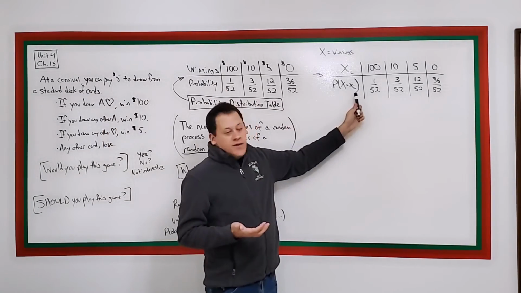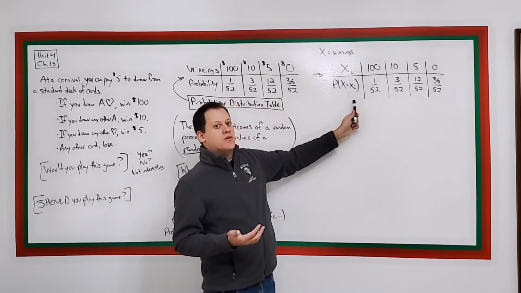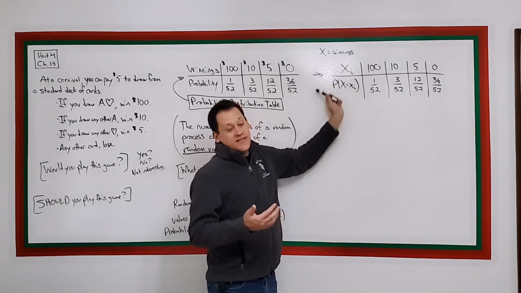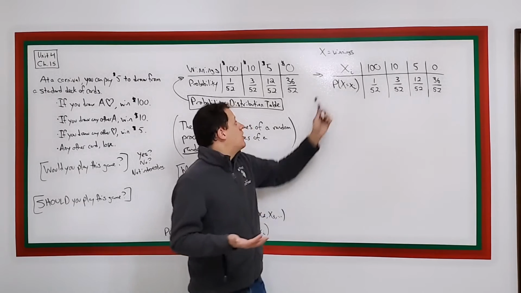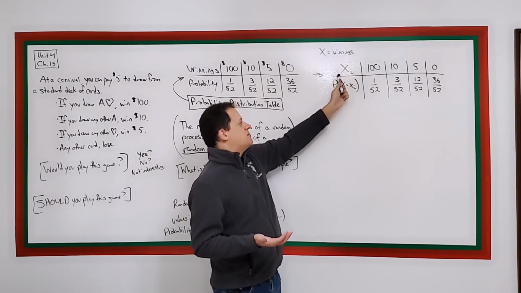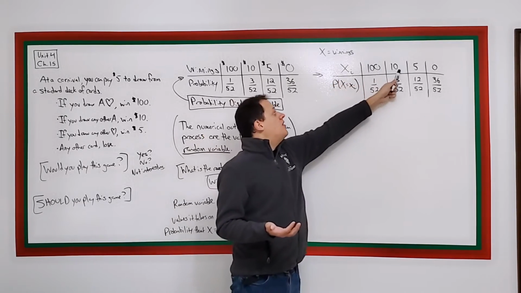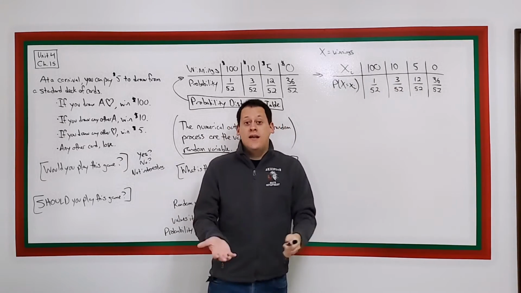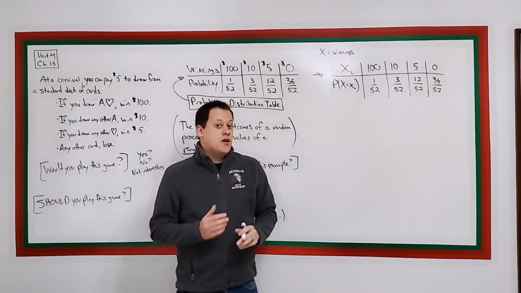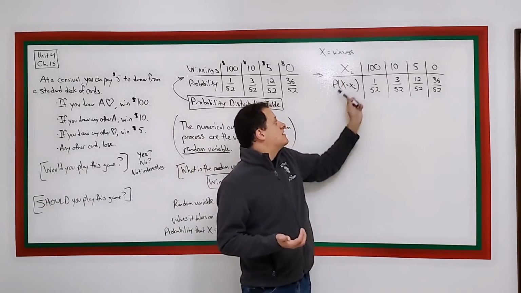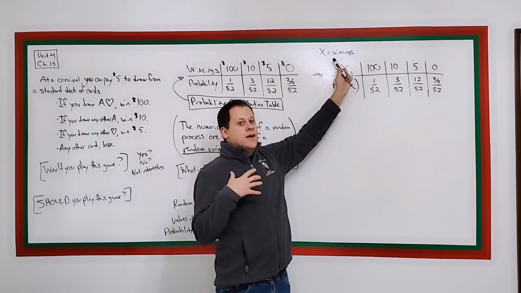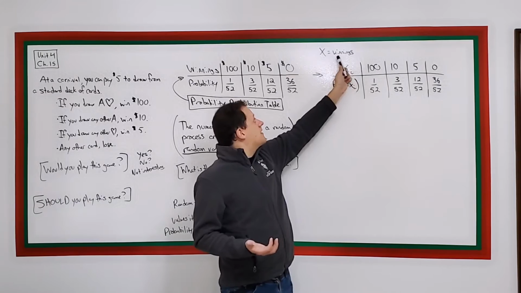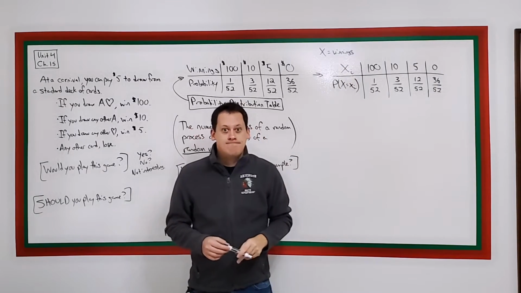But I don't want you to be surprised if you see a probability distribution table with this notation. I just want you to know that this, and this could also just be x, represents the values of the random variable, and this represents the probability that any of those individual values occurs. You may also see this table with some kind of variable definition. So X is still equal to the winnings here.